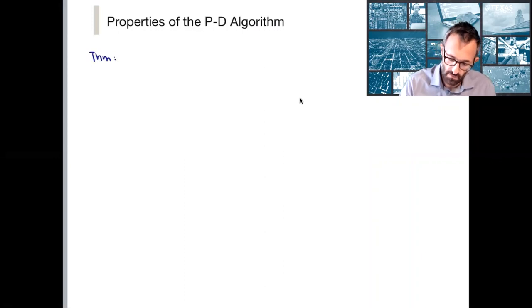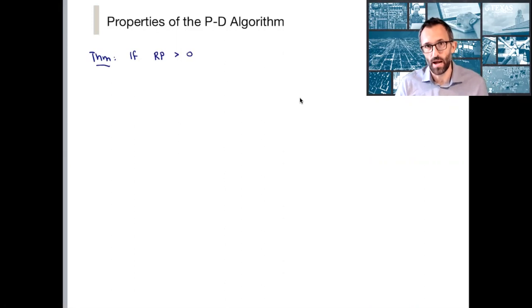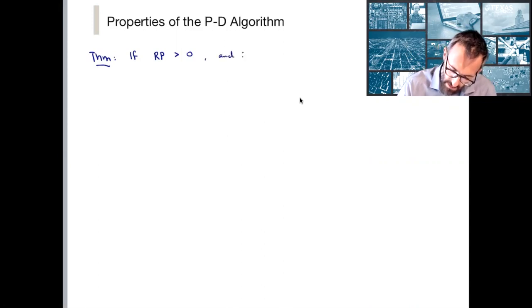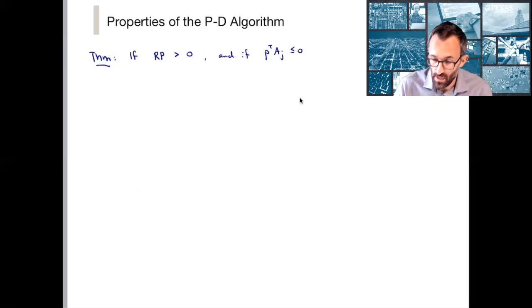So the first one is straightforward. If the value of the restricted primal is strictly positive, by strong duality, this means the value of the restricted dual is strictly positive. And if P transpose AJ is less than or equal to 0 for every J, not just the J in the set of admissible columns, that's enforced by DRP.